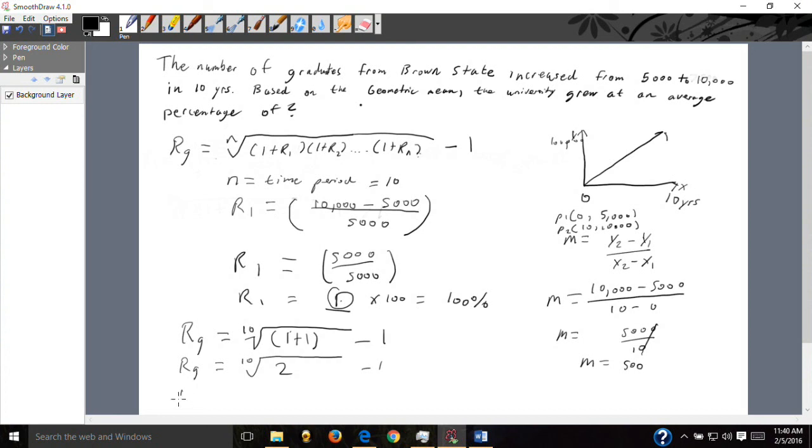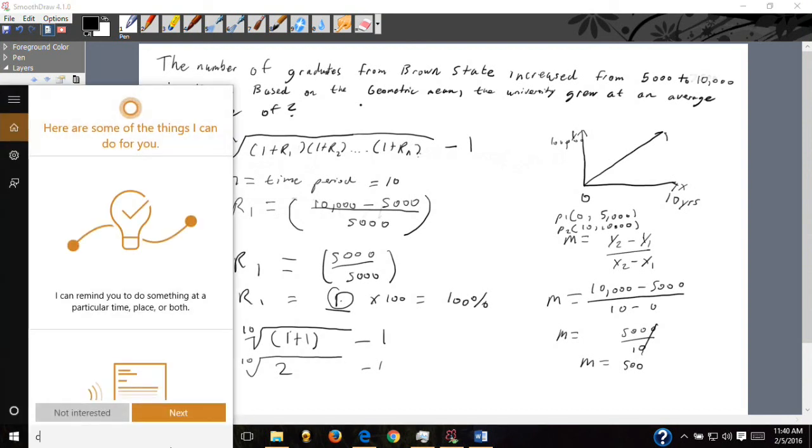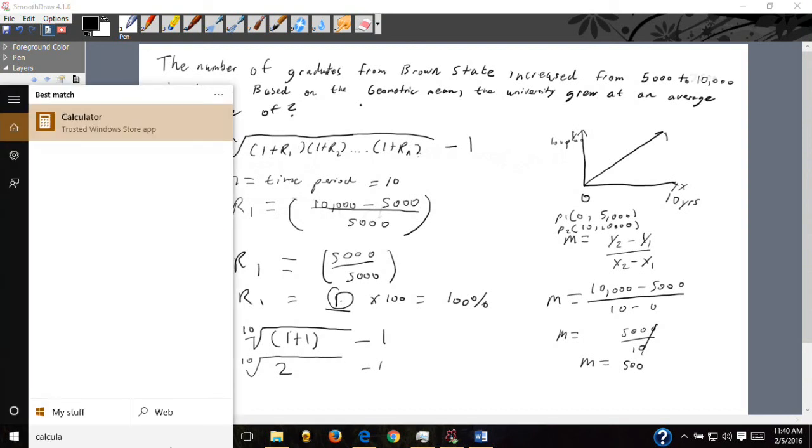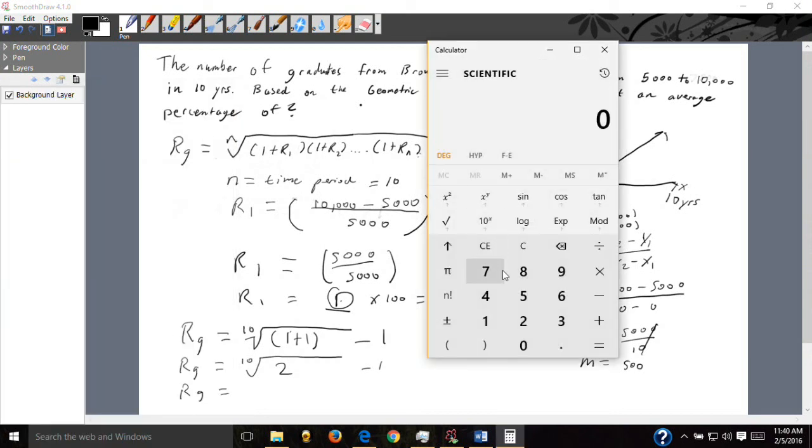Well, if we put this into our calculators, I'm going to open up my calculator right here. I'm going to take 2 to the 10th root, so I need to put in a parenthesis here, 1 divided by 10, which is the same as saying to the 10th root, equals.